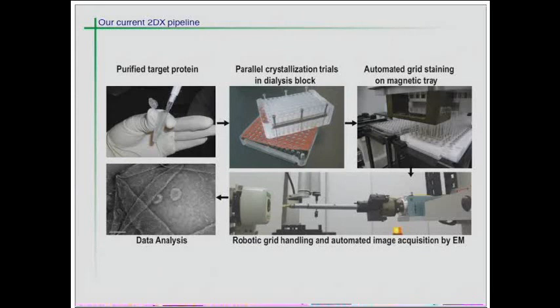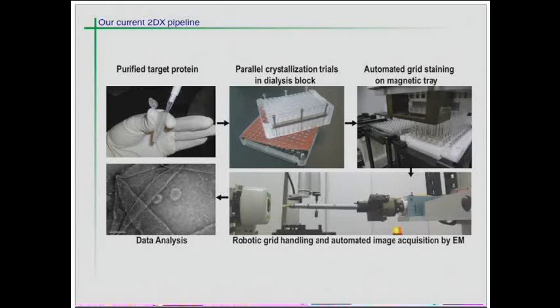Because we have 96 conditions, we have to prepare specimens from each of those conditions, and we need to do that also in a 96-well format using a magnetic tray and a liquid handling robot. Then we need to image each of those grids, each grid representing one crystallization condition, using an automated loader and an automated imaging system.